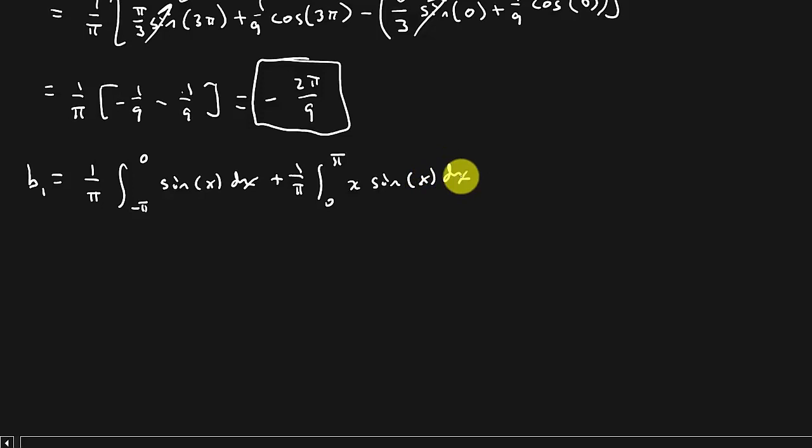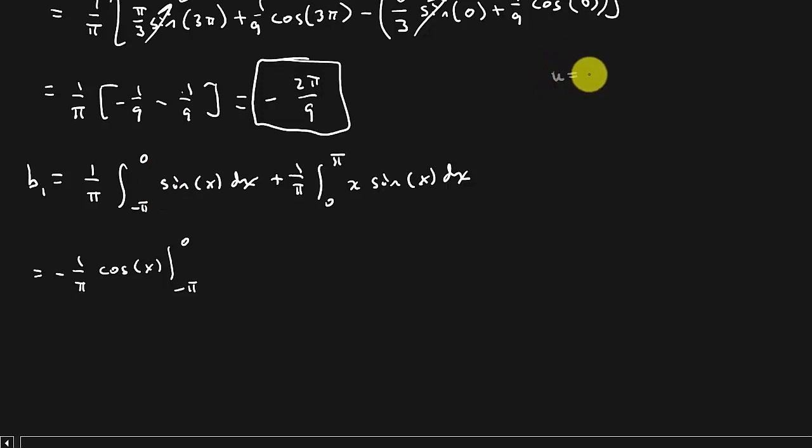All right. So for this one, we've got to use not substitution, but we've got to do parts. So let's integrate the first one first. So this is going to give us -1 over pi cosine x from -pi to 0. Integral of sine is negative cosine. So let's come over here and do parts.